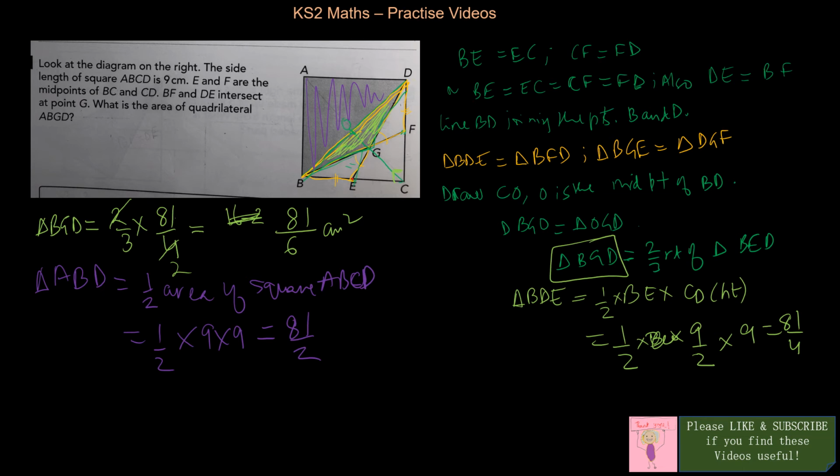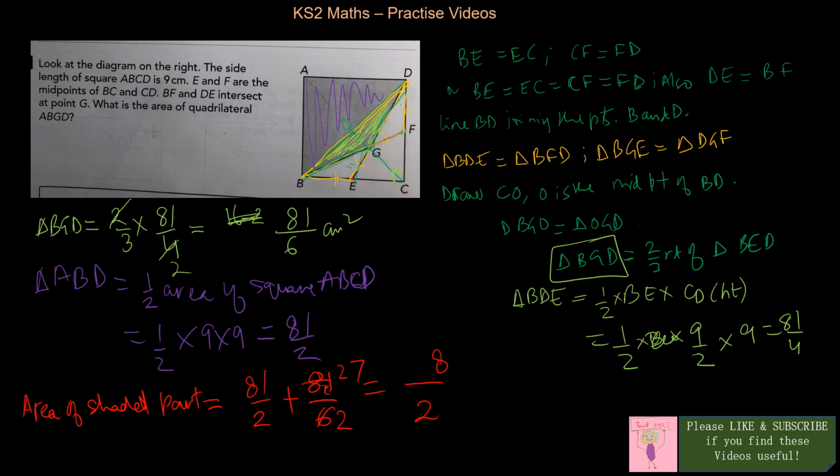So what we get is, the area of the shaded part equals 81 by 2 plus 81 by 6, so that is 243 plus 81 over 6, which gives 324 over 6, that is 54.